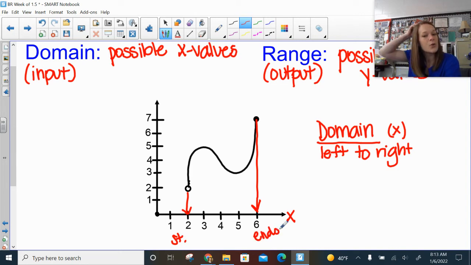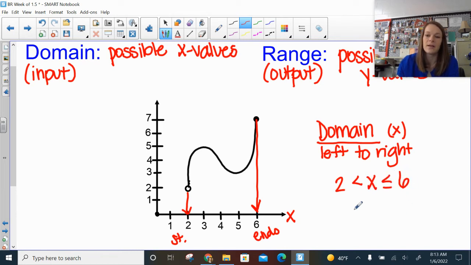Okay, there's two ways that we can write this. I'm going to write them out and then I'm going to explain what they mean. Okay, so one way I can do this is write it like this. Another way I can do it is writing it like this.